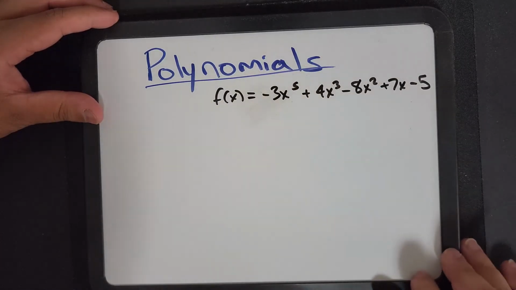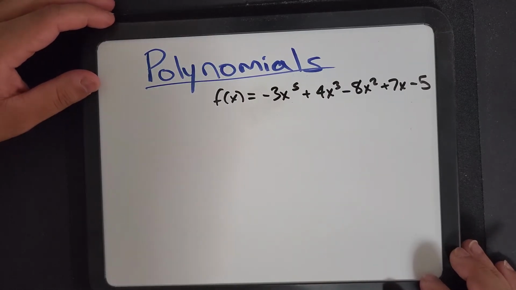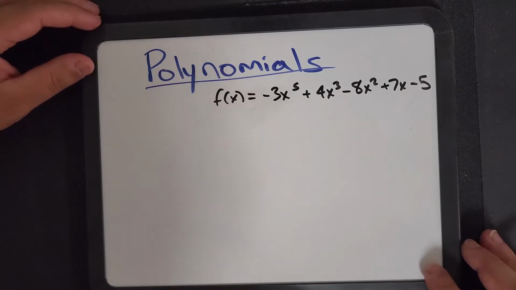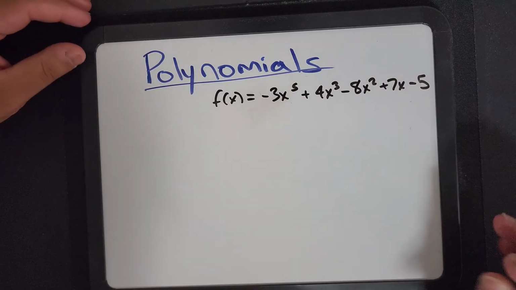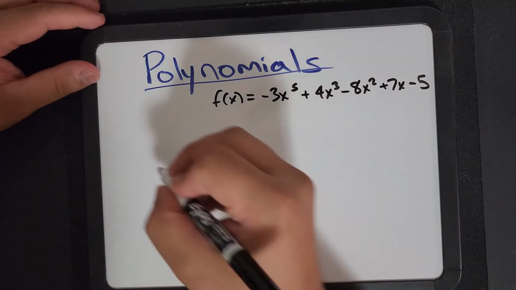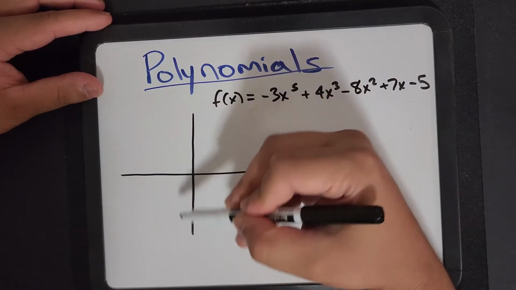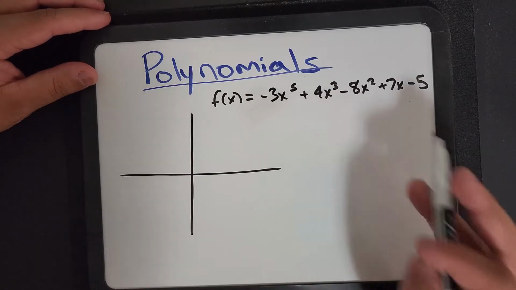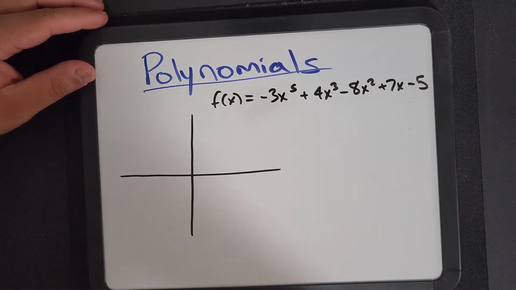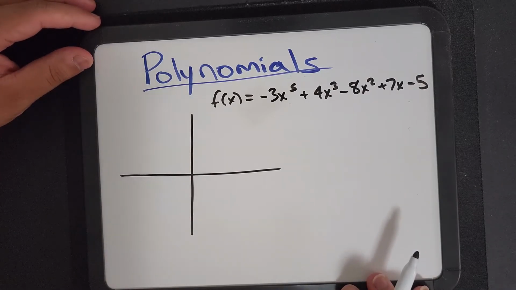Say that is my function of x, and basically what I want to do is just look at this, and just by looking at this I want to come up with a rough sketch of what this function might look like. So there are a couple of things to note here.